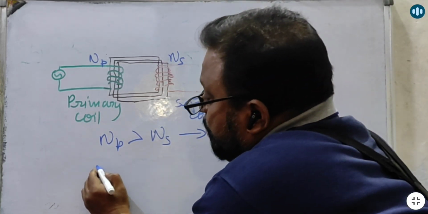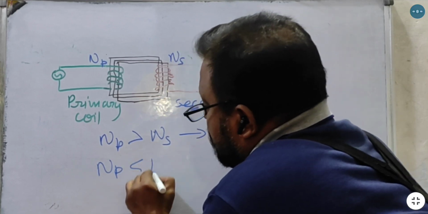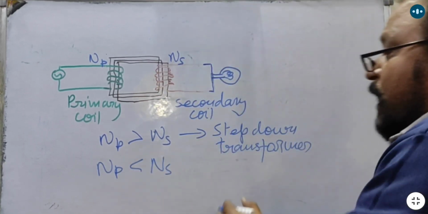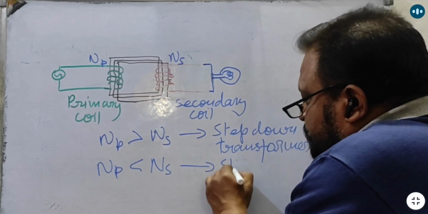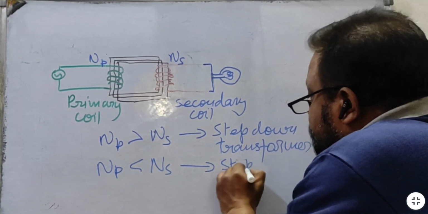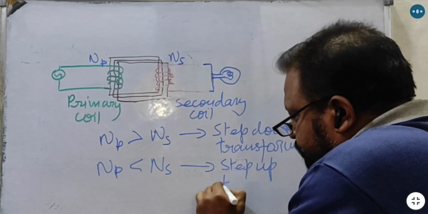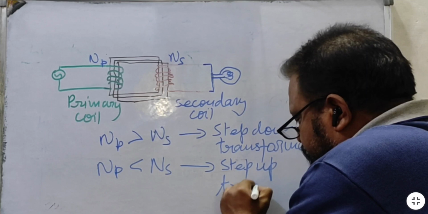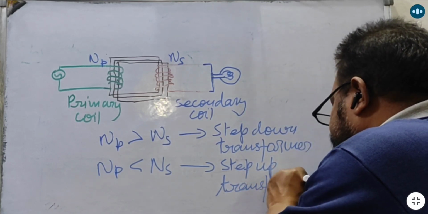And when the number of turns in the primary coil is less than the number of turns in the secondary coil, then it is called a step up transformer. Transformer, right?